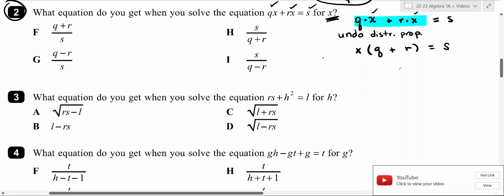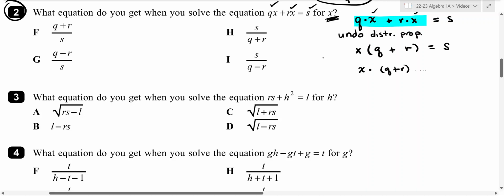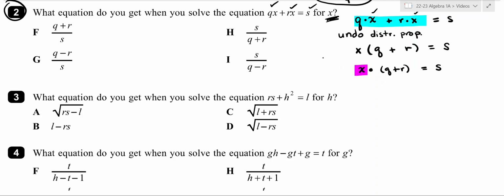All right, so now that we've undone this, this is multiplication, right? Let me rewrite this. This is x times q plus r equals s, right? And how do you undo multiplication? Right, this is the one that we want. We undo multiplication by division.